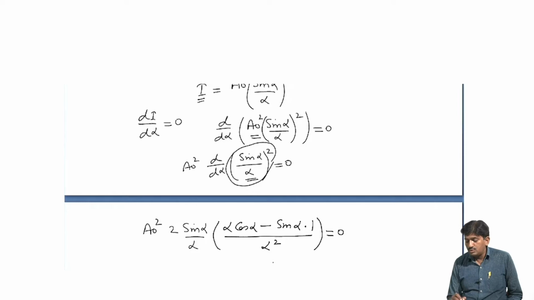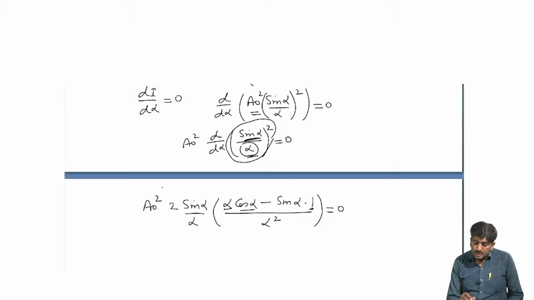We differentiate sin alpha, keep the other term as it is, minus sin alpha as it is, differentiation of alpha is 1, upon square of the denominator.